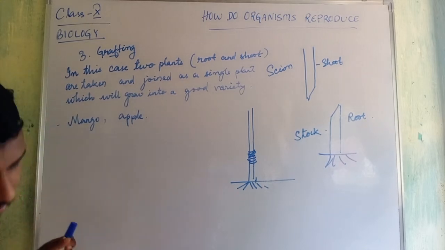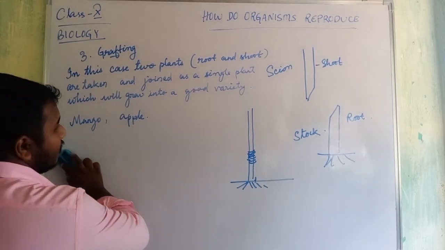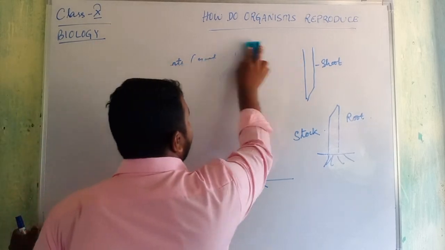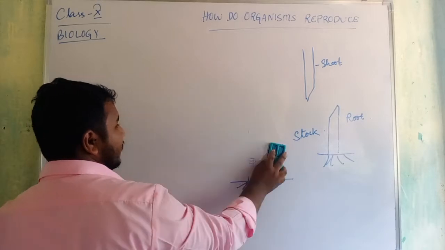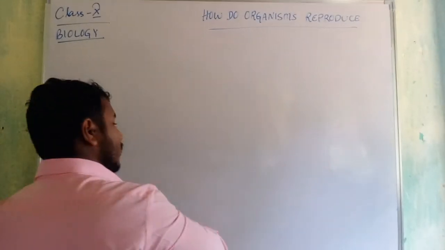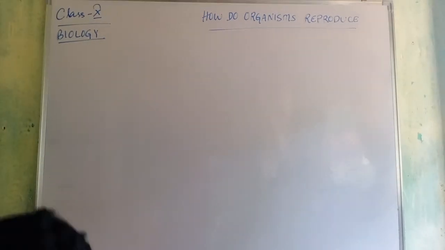Next, what are the advantages of this vegetative propagation? So write down the advantages, then I'll end my class.